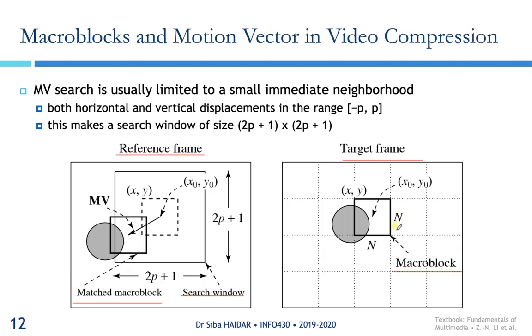We know that each macro block is of dimension N times N. It is located at x, y, where the center is x0, y0, and finally, on the reference frame, I take x0, y0, and I subtract P and add P on both dimensions to search for the matched macro block.